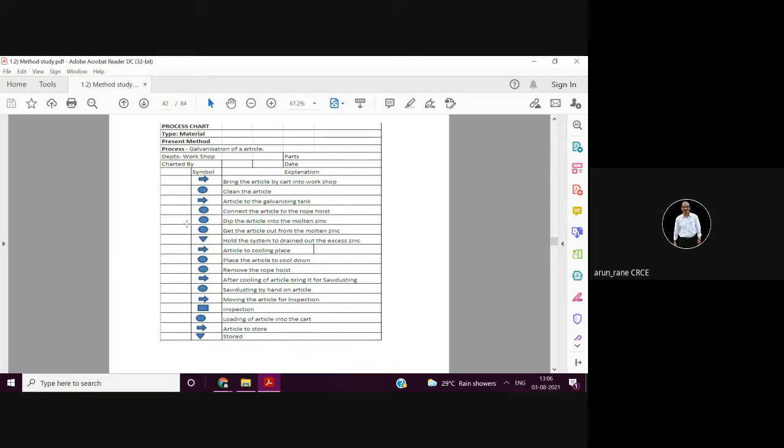No need to go through the text also. So graphical representation always creates a good, or more, impact.